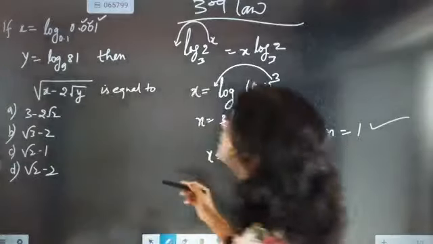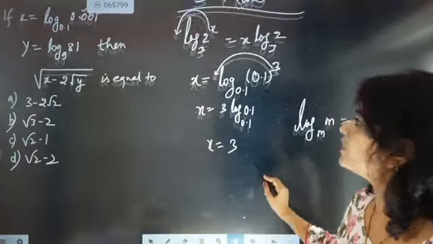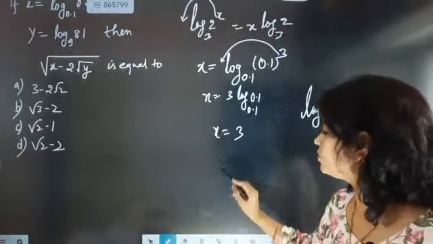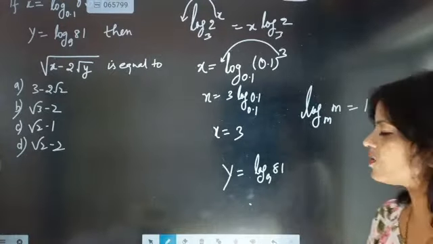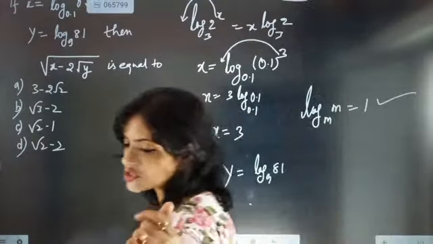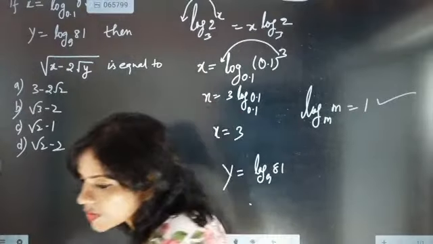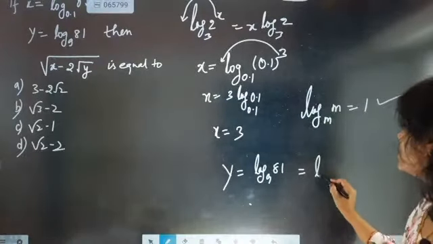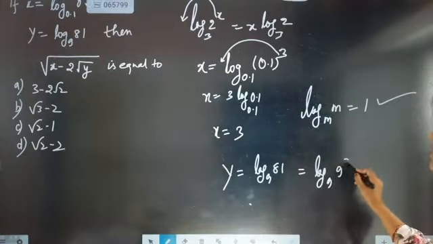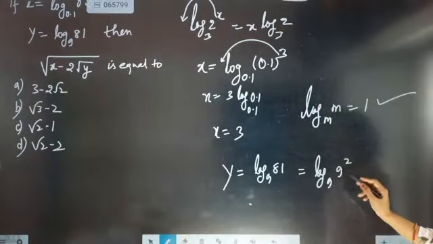X I got 3. Now the second point given to you is y, which is written as 981. So we are not going to waste our time. Our first priority is to go with the question. And let's check this one out. It is coming as log 9, and here 9 to the power 2. So again both are the same.